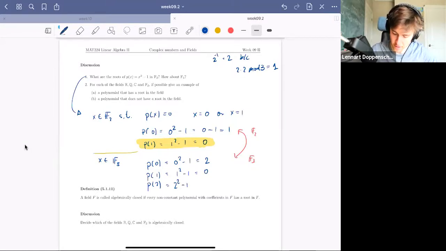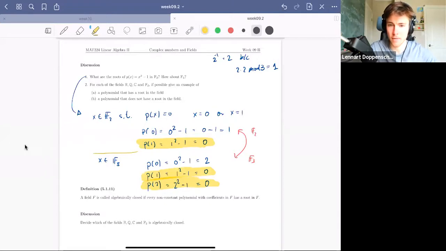And then if you subtract 1, then we actually get 0, if I'm not mistaken. Yeah, that makes sense. So in this case, we actually have 2 roots. This is something new to get used to, that the number of roots of a polynomial depends very much on the field you're in.